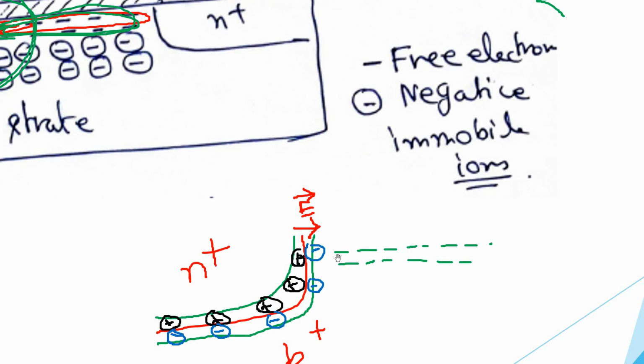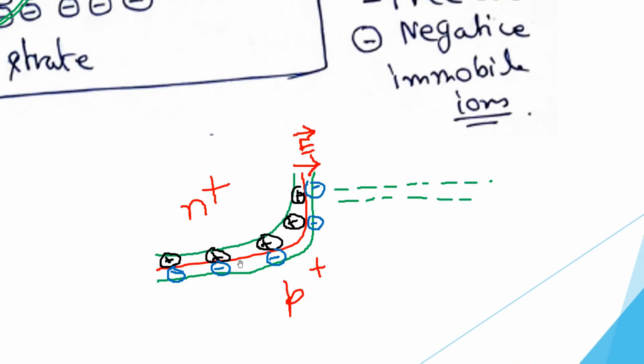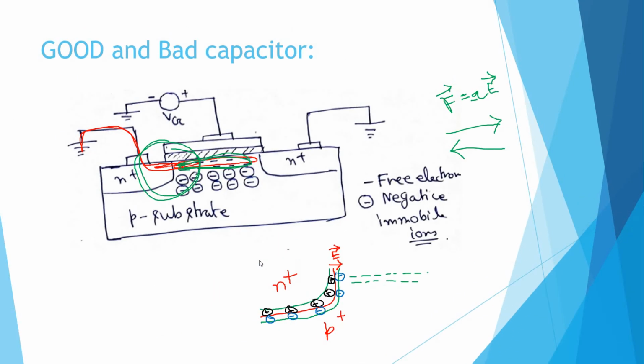As a result, electrons in the free electron channel, which is accumulated in the channel, can easily go from the channel to the source, because the force acting on the electron is from right to left. I hope you have understood.